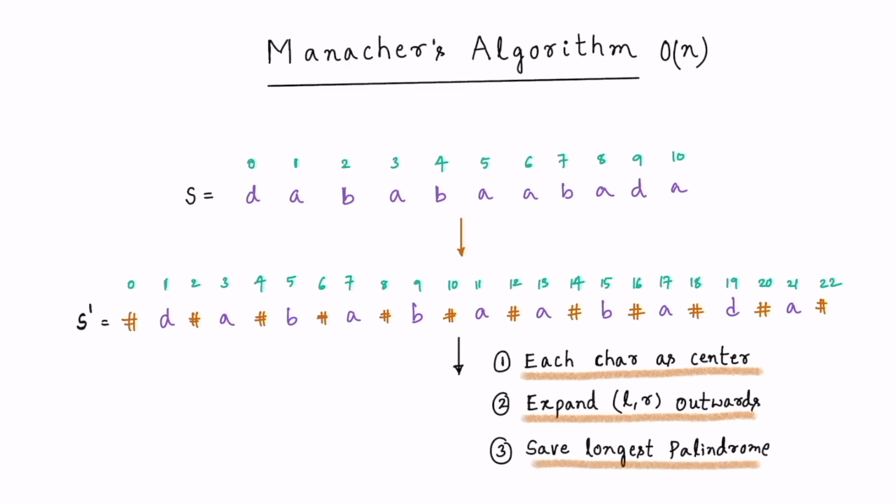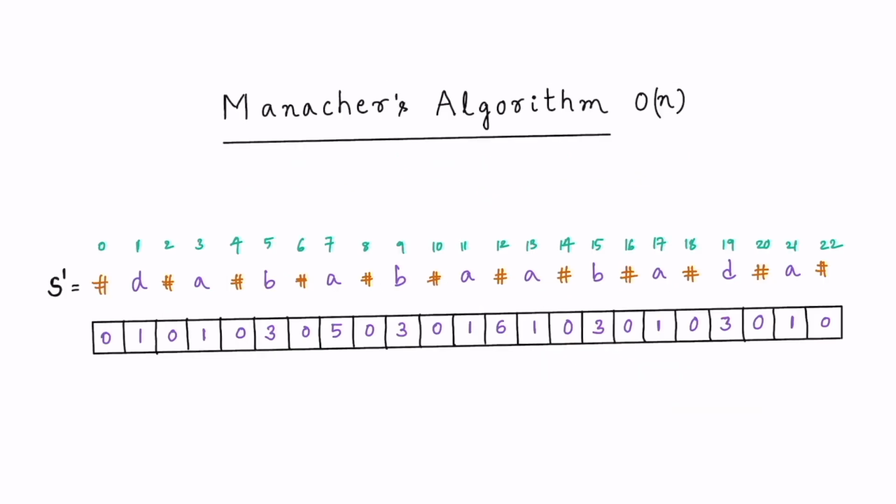So let's write down the longest palindrome possible at each of these characters in s prime as the center character. After running the previous algorithm on s prime, this table has the longest possible palindromes at each character as the center.